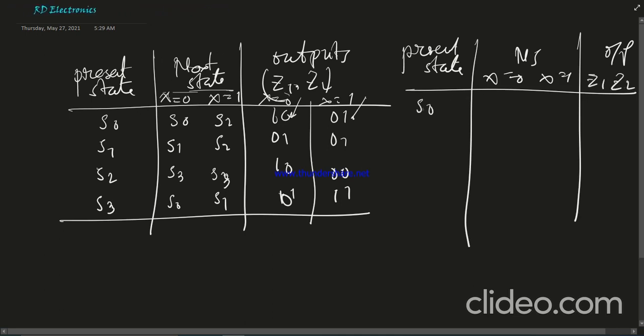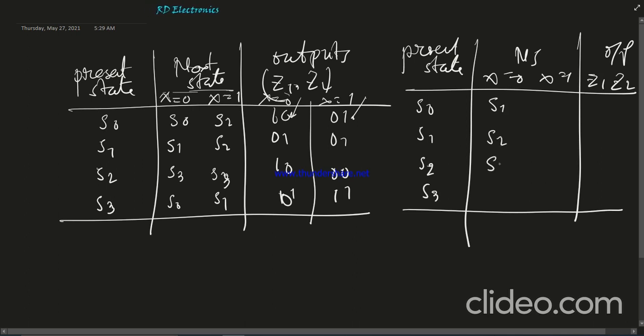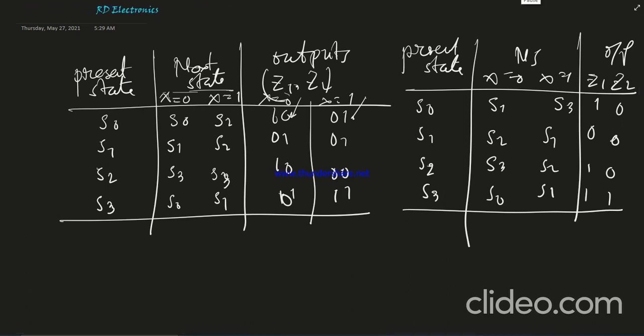Now consider the present states S0, S1, S2 and S3, with next states S3, S1, S2 and S1, and the outputs are presented in this form. For a Moore type circuit, the output is a function of the present state only, so the number of columns depends on the number of outputs. Here Z1 and Z2 are the two outputs, and x is the external input.